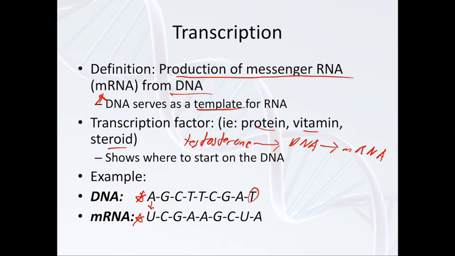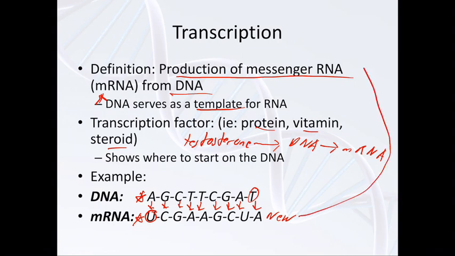So instead of A binding with T, like it would if it was DNA to DNA, A is going to bind with U. But everything else is just the same. G to C, C to G, T to A, T to A, C to G, G to C, A to U, and T to A. Okay, so this is our new messenger RNA strand that was just transcribed via transcription.